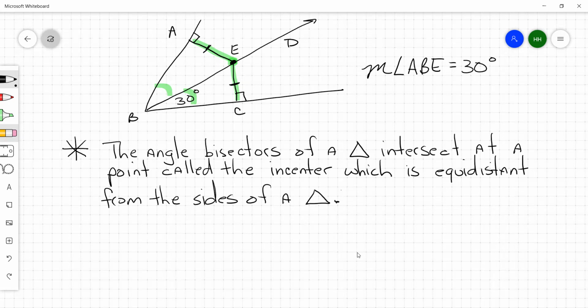Incenter, equal distance from the sides of a triangle.